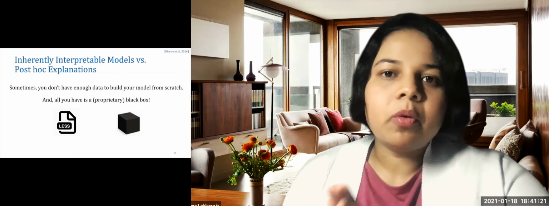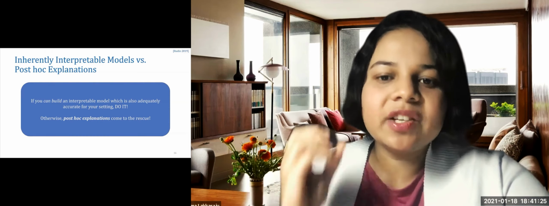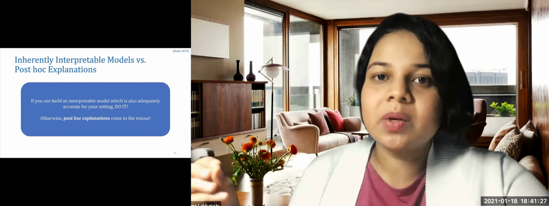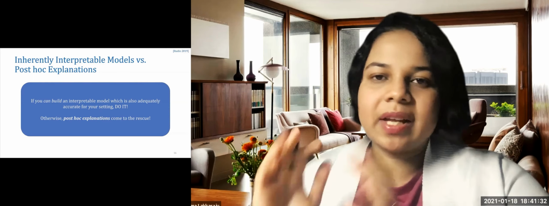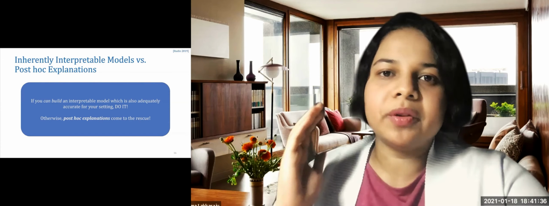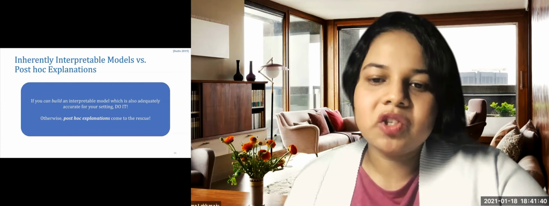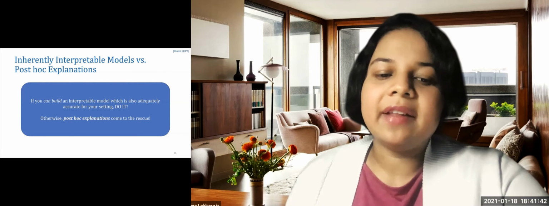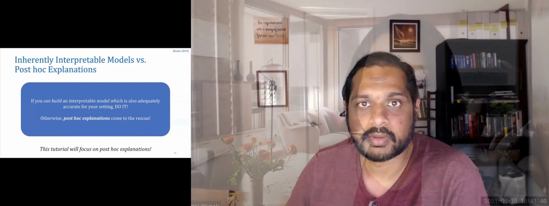So, in summary, if you can build an inherently interpretable model, which is also accurate for your setting, please do it. Right. So, that's probably the best way to go if you are able to build a model which is both interpretable and accurate. Otherwise, post hoc explanations will come to your rescue. And this tutorial will focus on post hoc explanations.